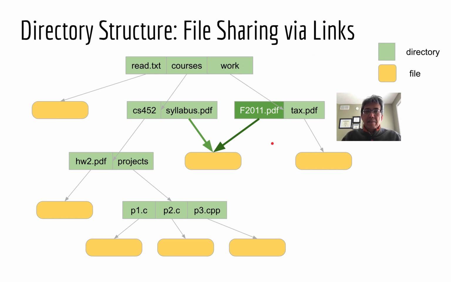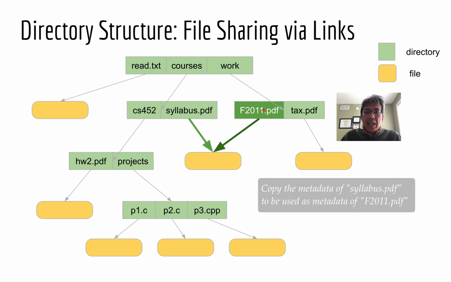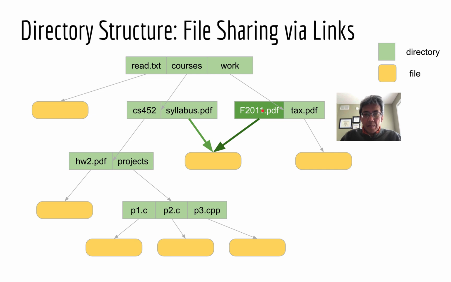In this case, the file system will perform only one action: create a new directory entry under the work subdirectory and then copy the metadata found in the other directory entry to that directory entry. So practically, no new disk block will be allocated to create the second entry in your work subdirectory.